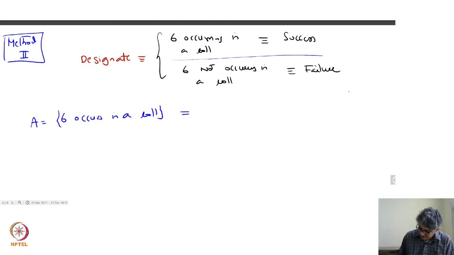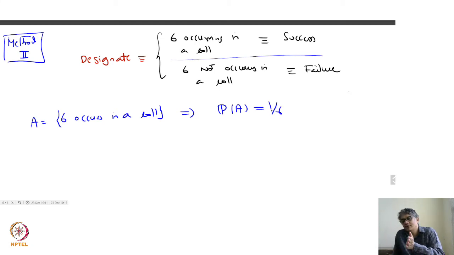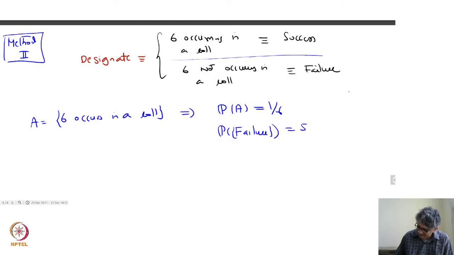This I know will imply that probability of A is just 1/6, because there are 1 through 6 outcomes possible, equally likely. And A complement, that is probability of failure, as A does not occur, is just 5/6. That's also easy to see.